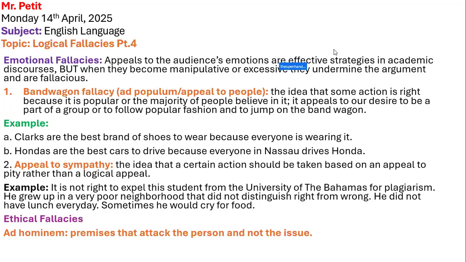They start to call you names because they don't have no other, like you are ready to destroy them logically, exactly. So they don't know what to say, so they just start attacking you, right?